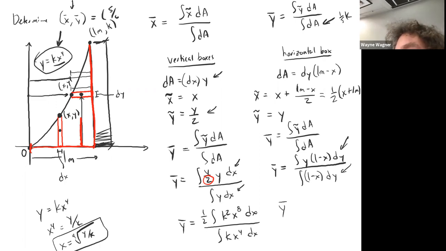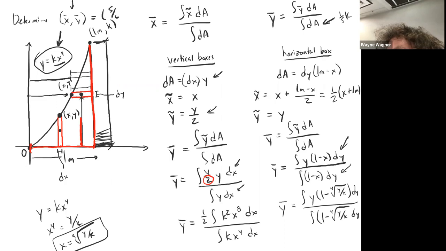So I get Y bar equals the integral of Y times 1 minus the 4th root of Y over K dy over the integral of 1 minus the 4th root of Y over K dy.